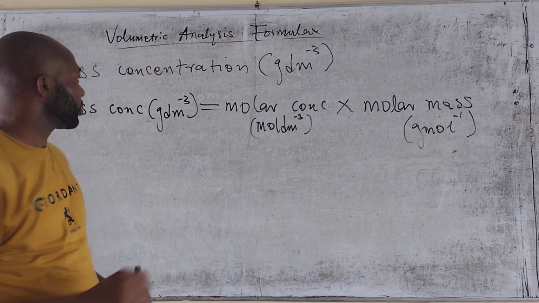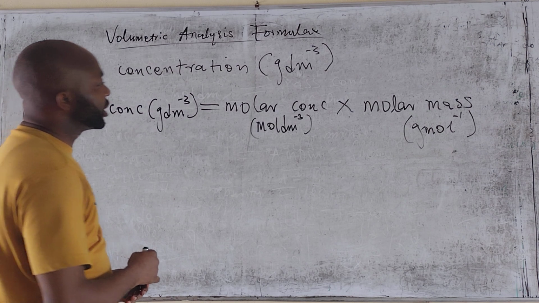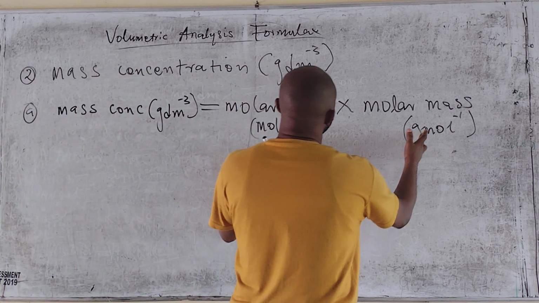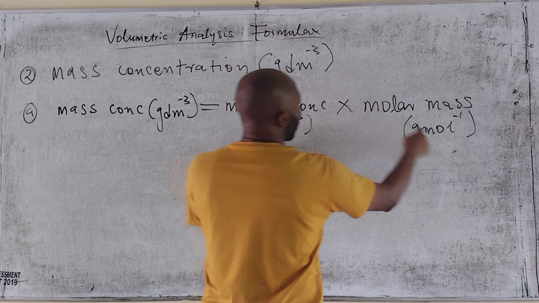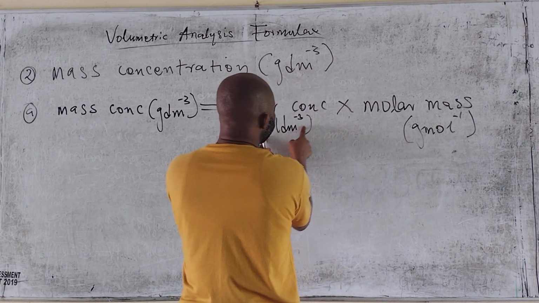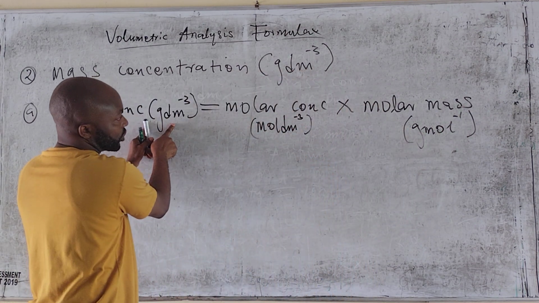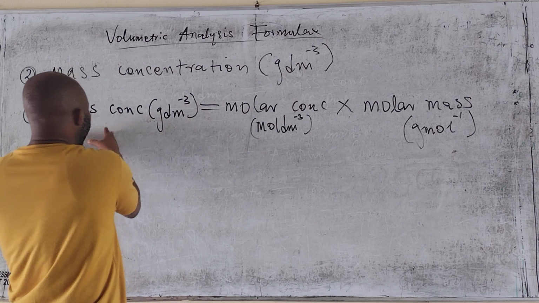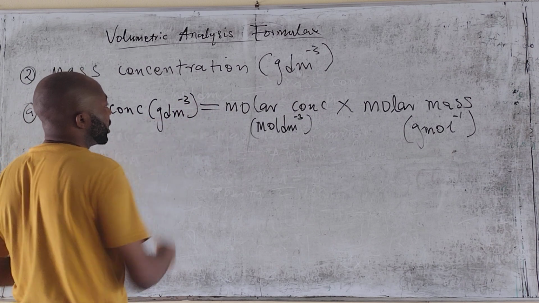So if you multiply these two, you now have the mole, we'll cancel out the mole. You have g/dm cube, which is the unit for mass concentration. So, you see that mass conc is actually truly in g/dm cube.